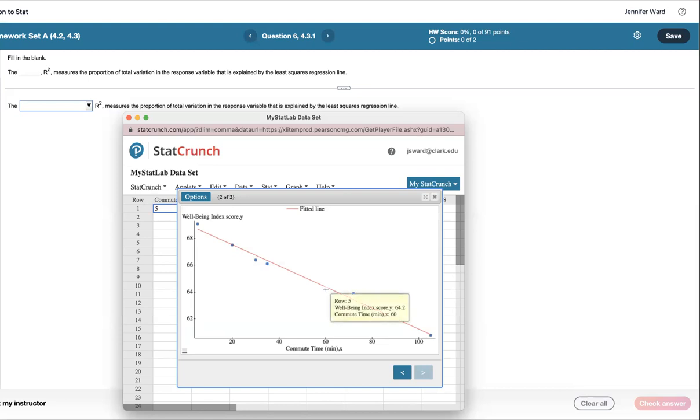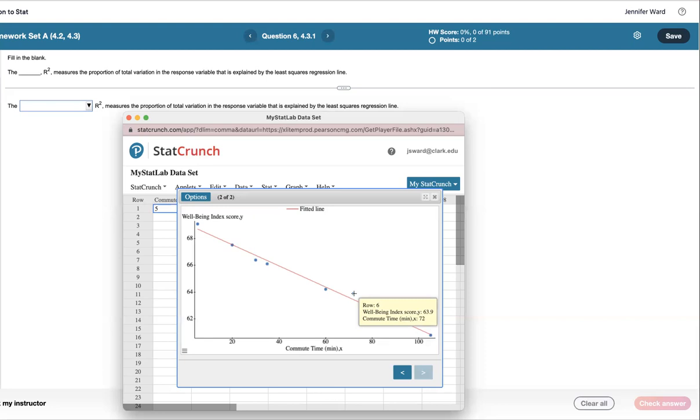It looks like my data point is slightly below the line, so the predicted value is slightly higher than actual. Here's another data point. It's actually higher than what is predicted. The predicted well-being index score is a point here on this line, a little bit below 64, but then the actual well-being score seems to be 63.9.